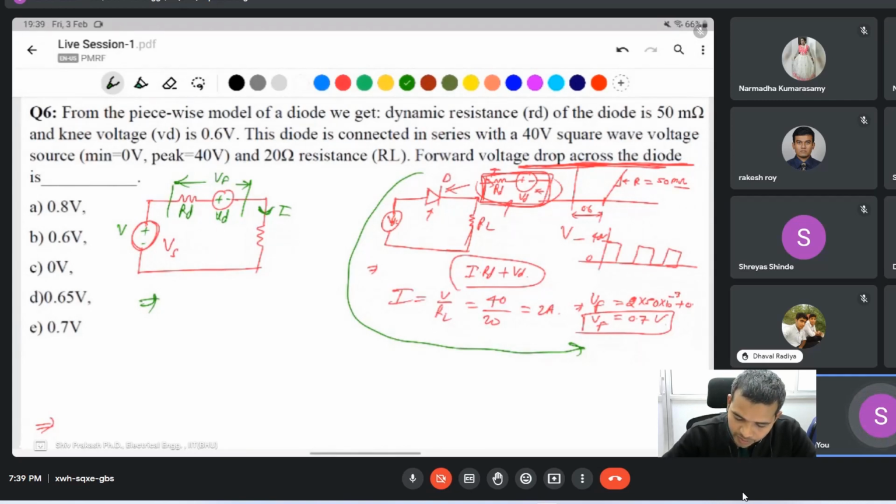If you want the exact value, then you should include RD and VD also. First find the current: this voltage minus this voltage, 40 minus 0.6 volt, divided by RL plus RD.